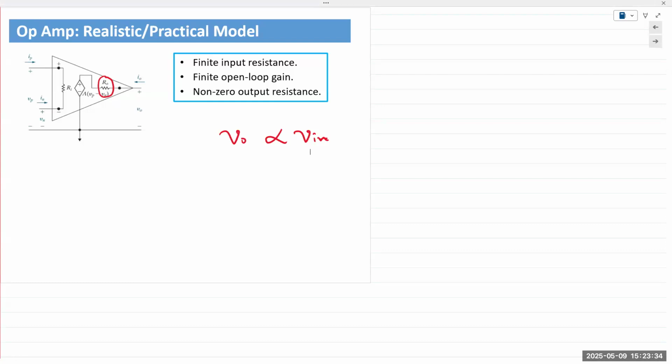If you want a complete model, we would describe it as a difference of the input voltage at the inverting and the non-inverting terminals. And so we can describe it as VO is directly proportional to VP minus VN, the non-inverting minus the inverting input terminal voltage. And the dependency, more appropriately, would be AV, the voltage gain.